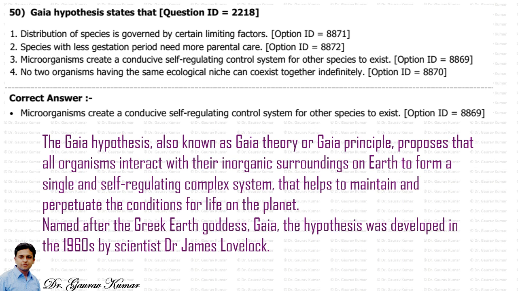The Gaia hypothesis, also known as Gaia theory or Gaia principle, proposes that all organisms interact with their inorganic surroundings on Earth to form a single, self-regulating complex system that helps to maintain and perpetuate the conditions for life on the planet. It is named after the Greek earth goddess Gaia. The hypothesis was developed in 1960 by scientist Sir James Lovelock.